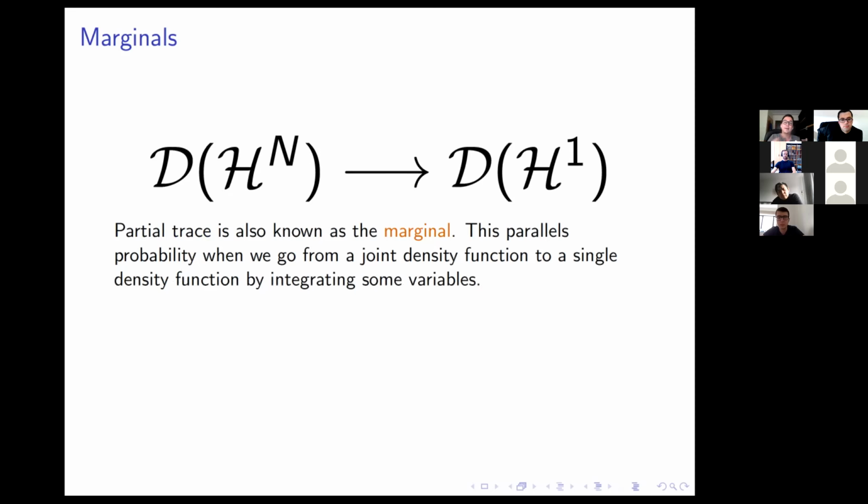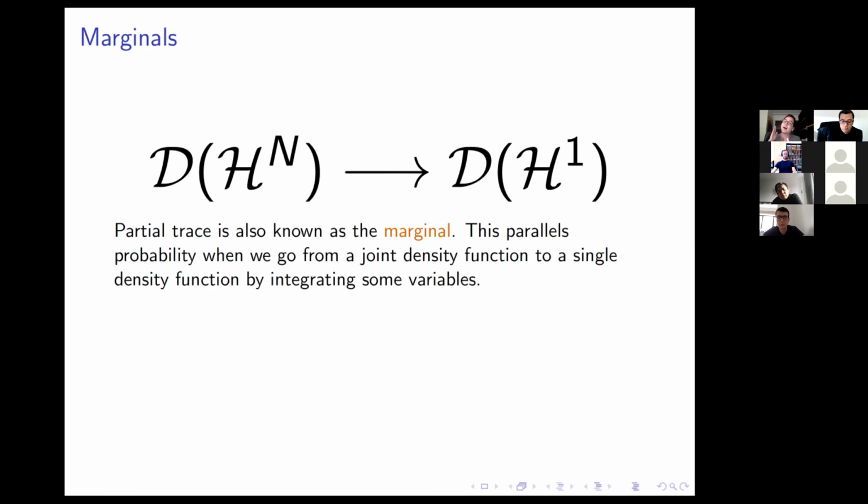So I have an operator in the wedge product of n copies of H1, and I want to reduce it to be an operator simply on H1. That's called the partial trace, or the marginal, or the reduction, some people will call it. And we would like to study this operation.